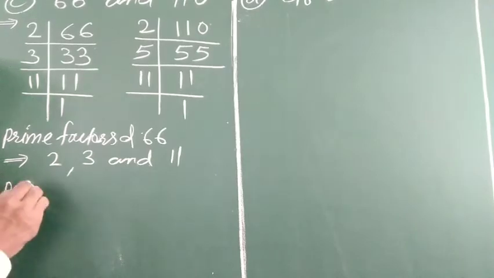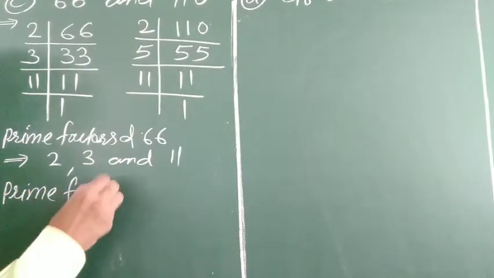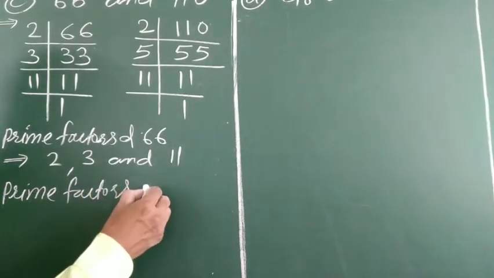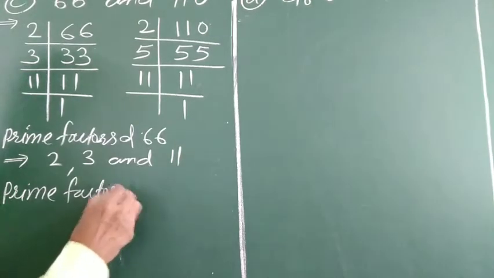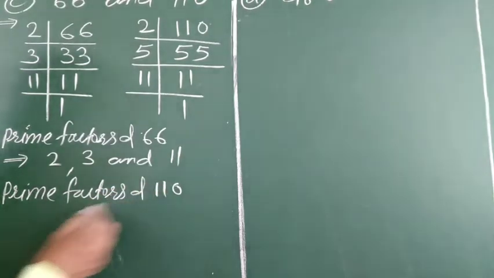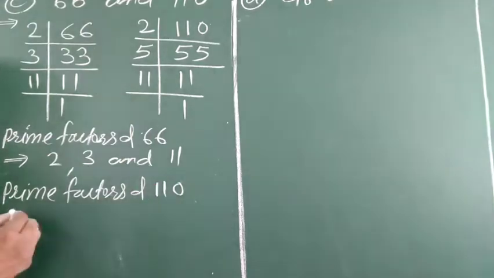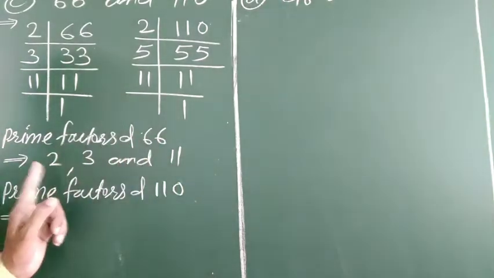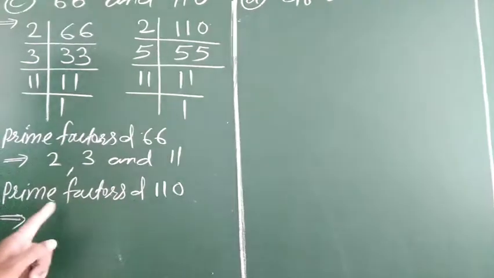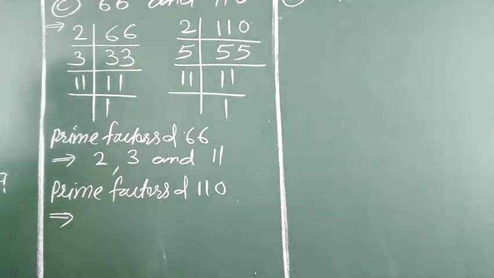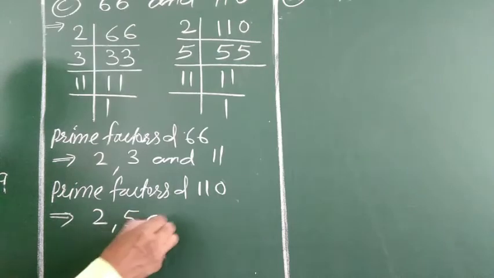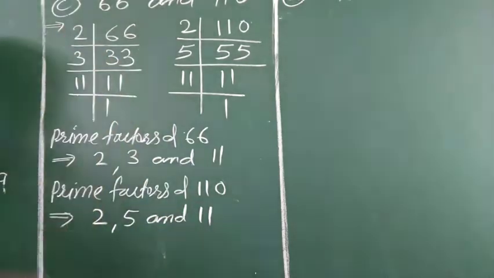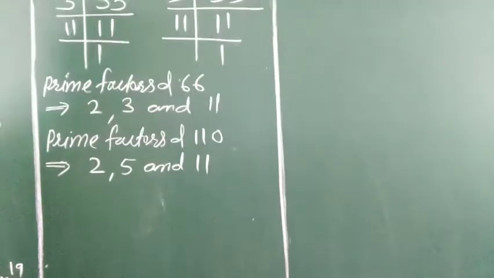Next, prime factors of 110. Okay. See, prime factors of 66, 2, 3, 11. Then prime factors of 110, it is 2, 5 and 11.